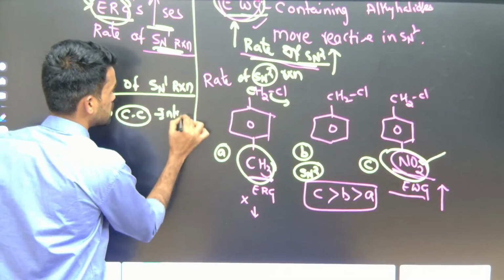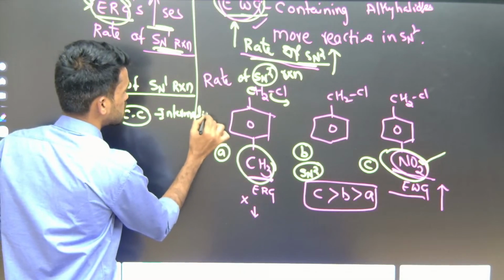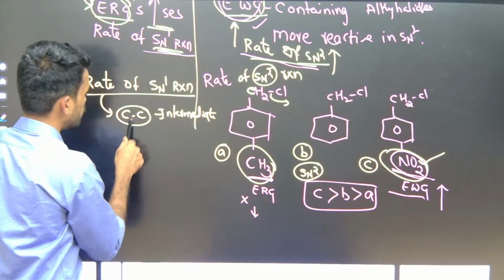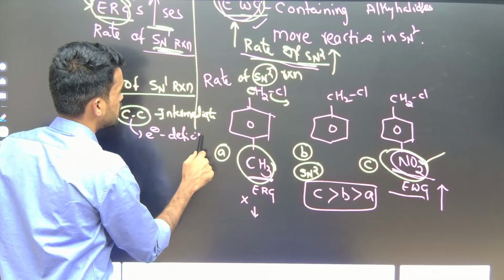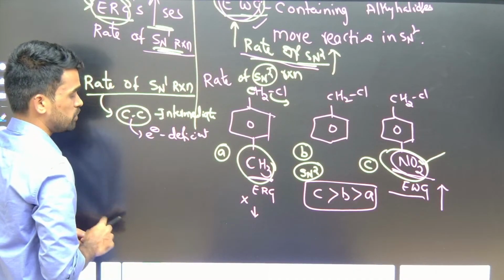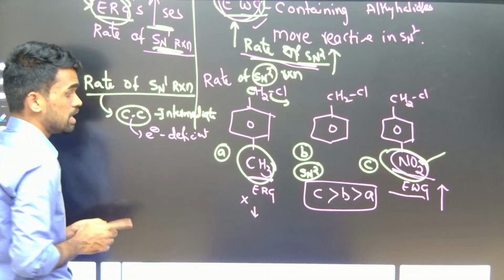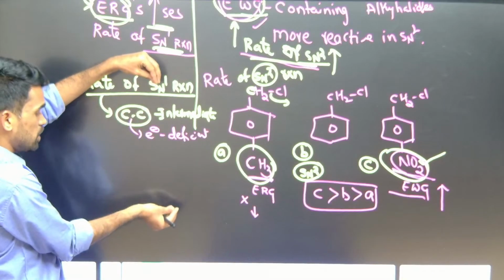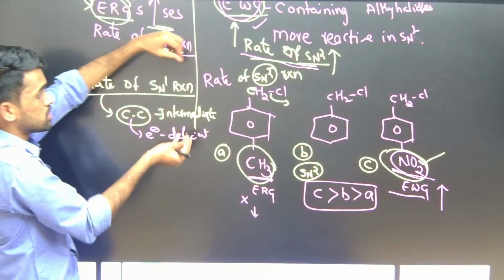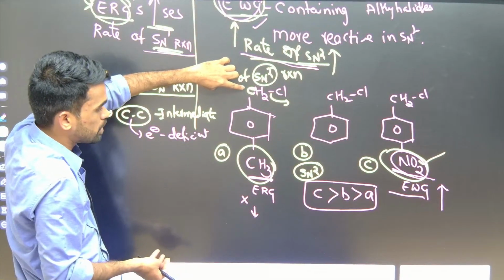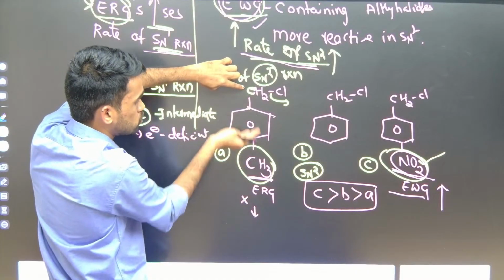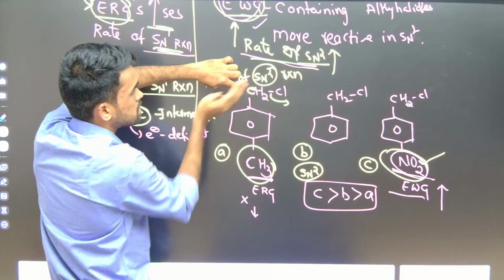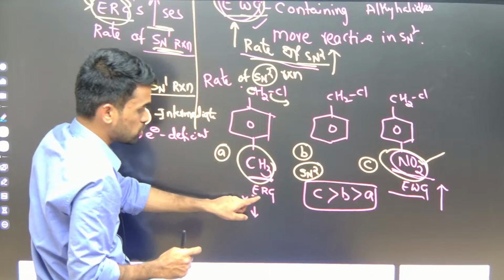If this carbocation is an intermediate, we know it is electron deficient. That electron deficient species only requires electrons. So if carbocation is formed here, we need a group which will release electrons into the ring that will stabilize this carbocation. So here we have the electron releasing group now.